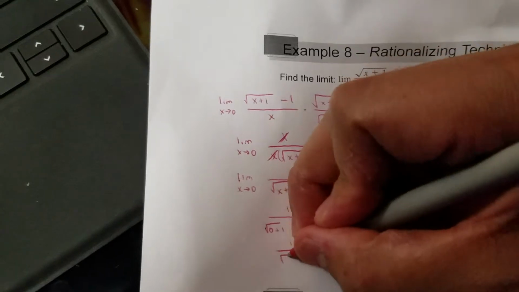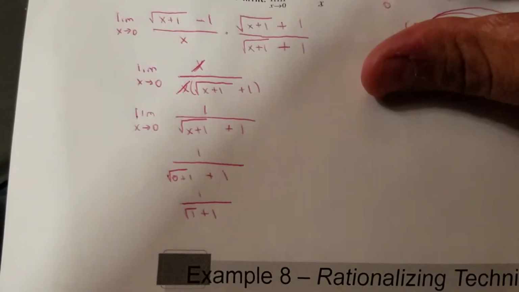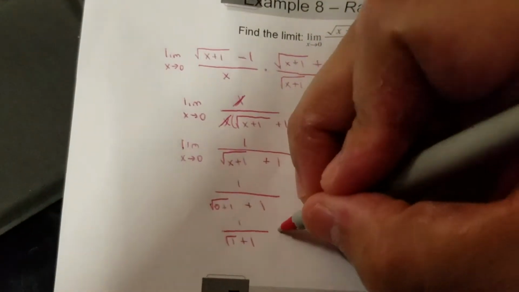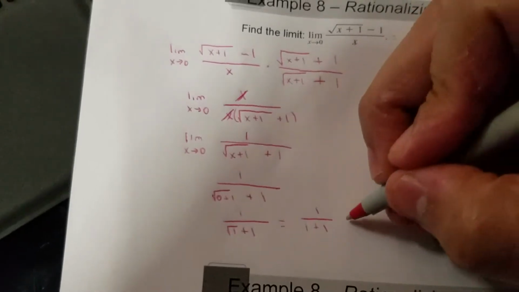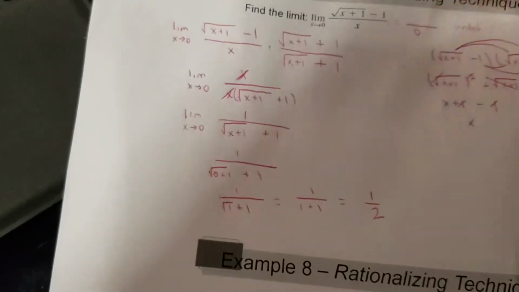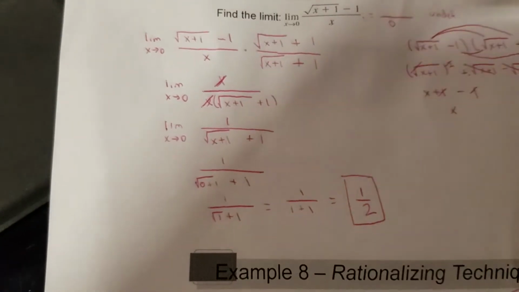So I have the square root of 1 plus 1. Essentially what I'm doing now, I can do the substitution method. And I know that the square root of 1 is 1, so 1 plus 1 is 1/2. Okay, so my limit is 1/2.